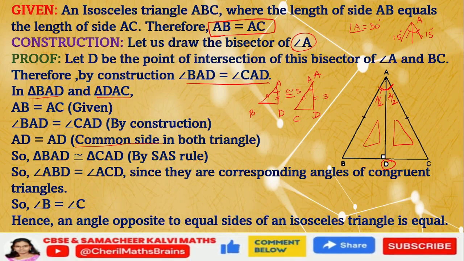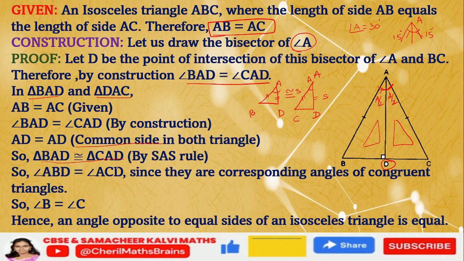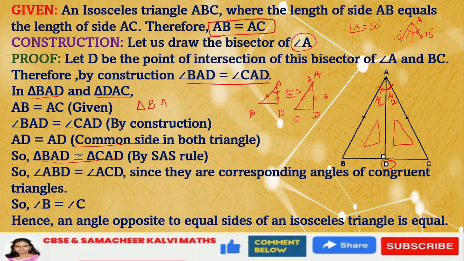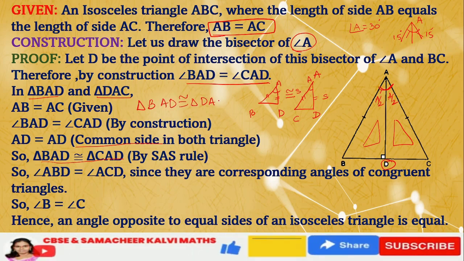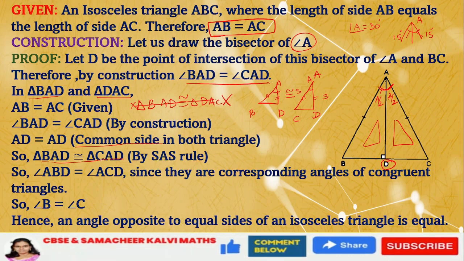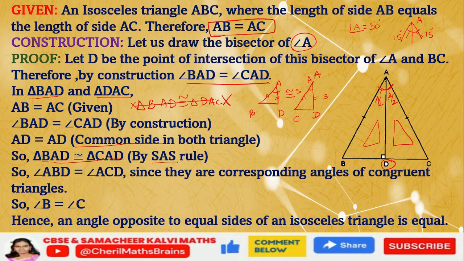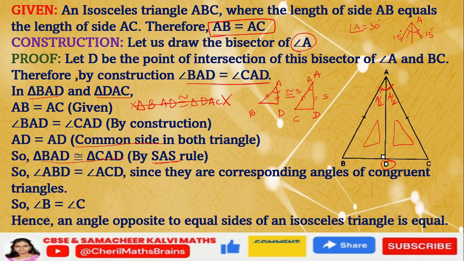You can also write it as DAC. But when you write the congruency, you should be very careful. If you write triangle BAD is congruent to triangle DAC, then it is wrong. You cannot write it in this way. It should only be congruent to triangle CAD. This is as per the side angle side rule.